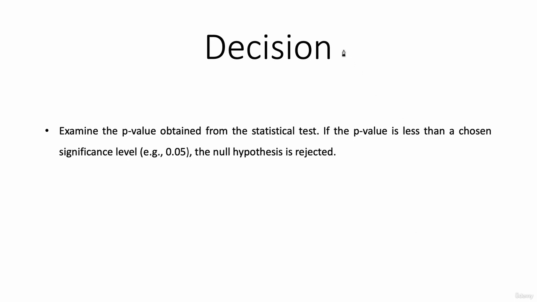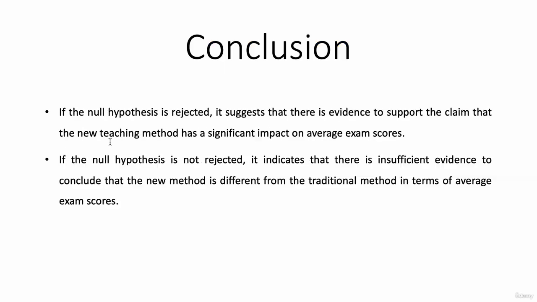You can see the next step is to make a decision, where you examine the p-value obtained from the statistical test. If the p-value is less than the chosen significance level, and in our case it is 0.05, we will reject our null hypothesis. And finally we will make conclusions.